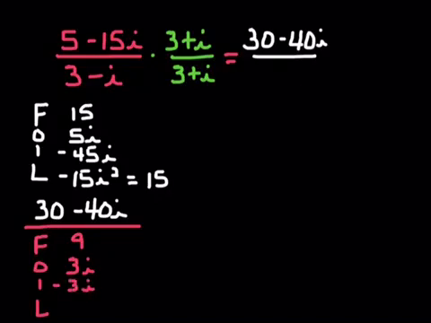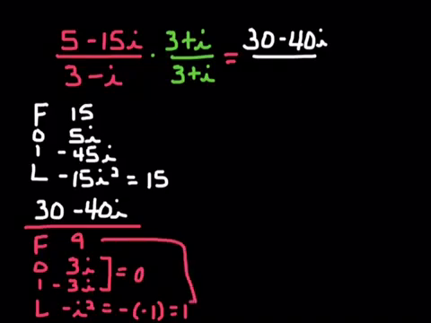And negative i times positive i is negative i squared, which is negative negative 1, which is positive 1. These equal 0, and then 9 plus 1 is equal to 10. So my new denominator is 10.